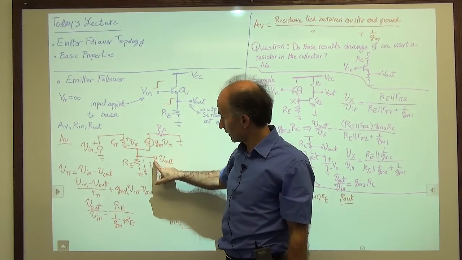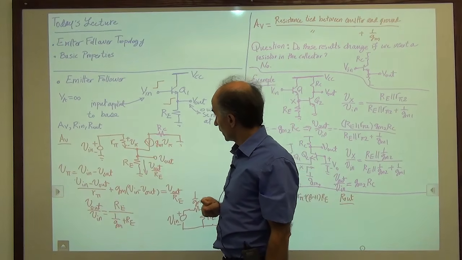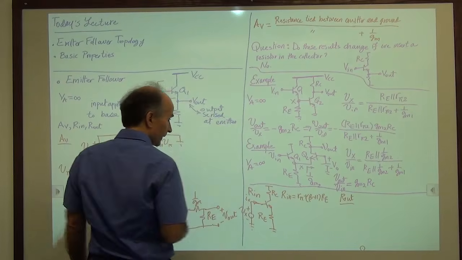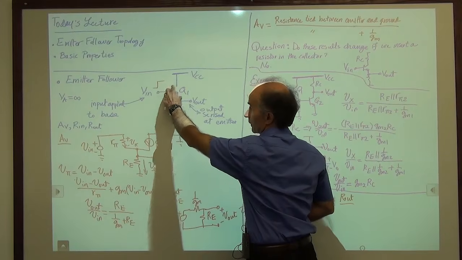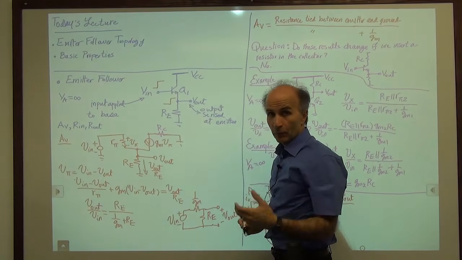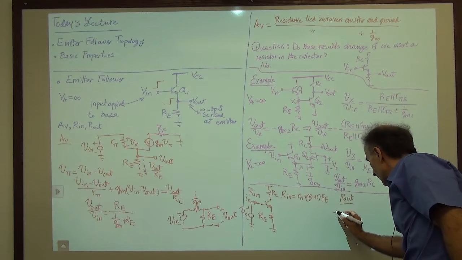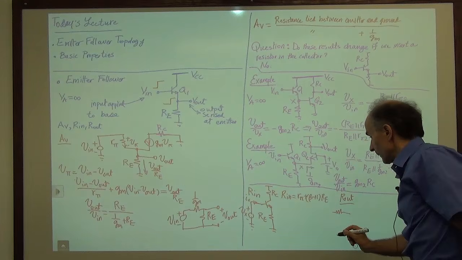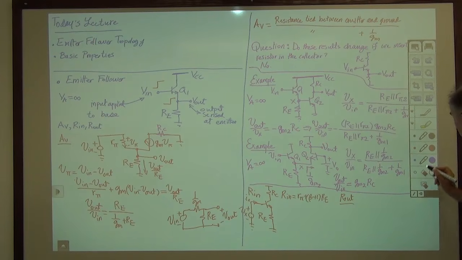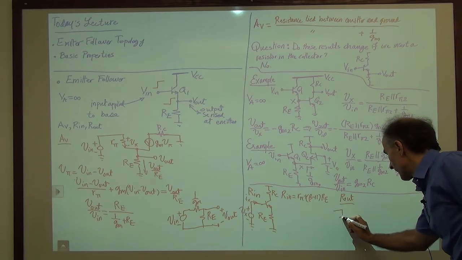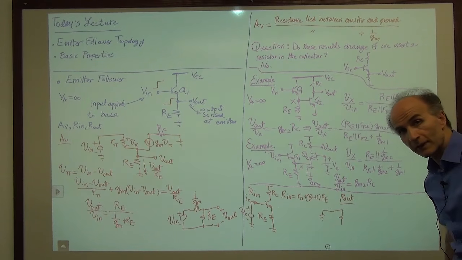Okay, so certainly we can do that, not a big deal. I can sit here and do that calculation, right? I can set this to 0 and so forth. So let's do that, but with a slight modification. I will draw the small signal model of the transistor knowing that Vin has to be 0 for output resistance calculation. So let's do that. All independent sources have to be set to 0.